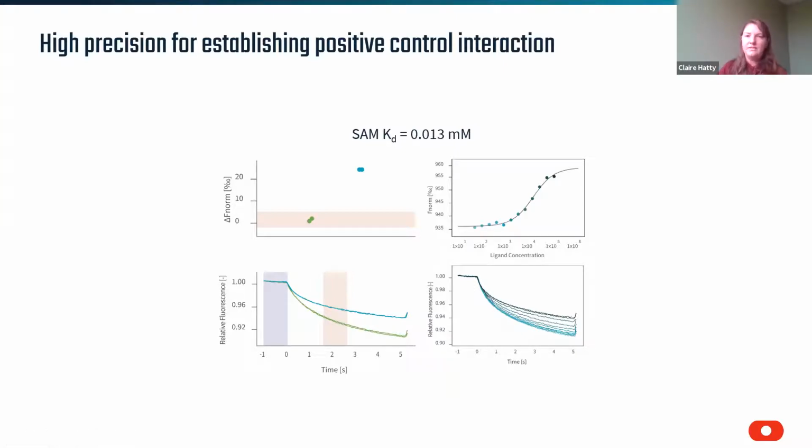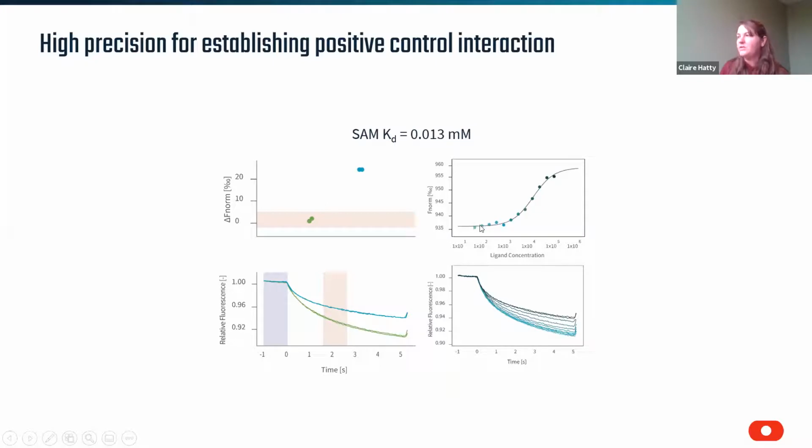If your ligand is in DMSO, you use DMSO as a negative control. So we have our target with DMSO, and then our target with the positive control ligand, and we want to see that there's a difference between the TRIC response of the target only and the target with its ligand. So we have a nice difference here.